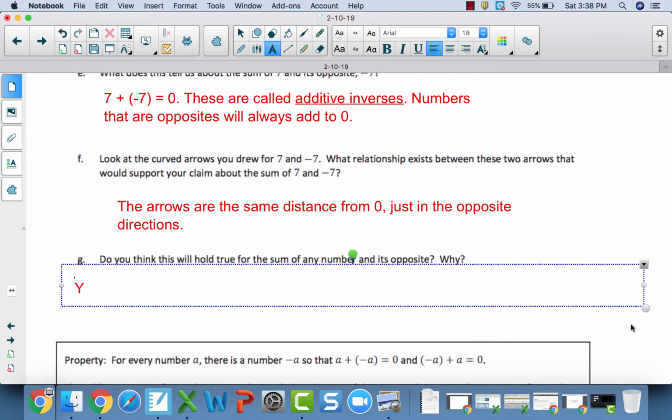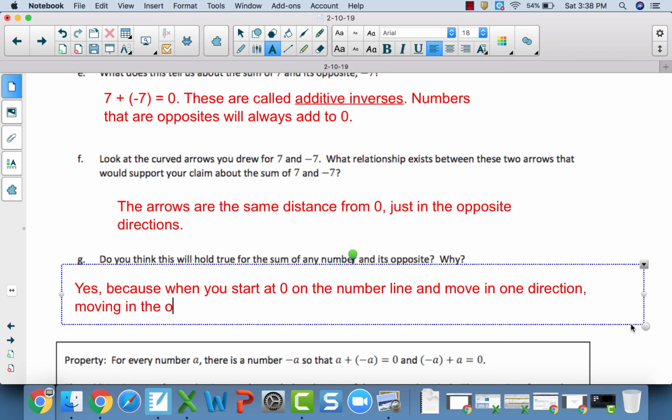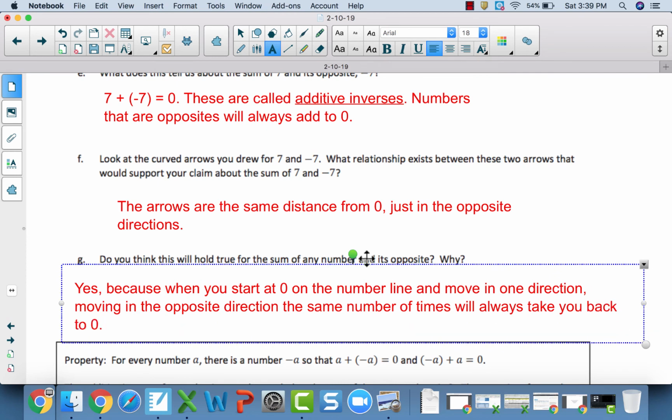Hopefully you came up with the conclusion, yes, because when you start at 0 on the number line and move in one direction, moving in the opposite direction the same number of times will always take you back to 0. Okay?